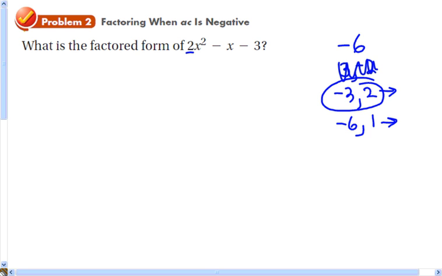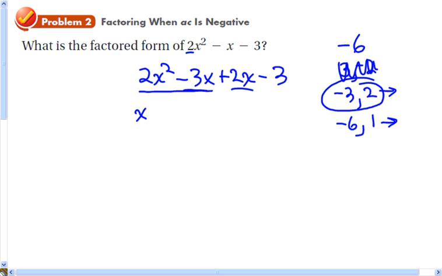And it's these two. So we're going to rewrite this as 2x squared minus 3x plus 2x minus 3. Like I said before, you could actually have 2x minus 3x there. That part doesn't really matter. Then we're going to factor out, from these two terms, the greatest common factor, which is x.